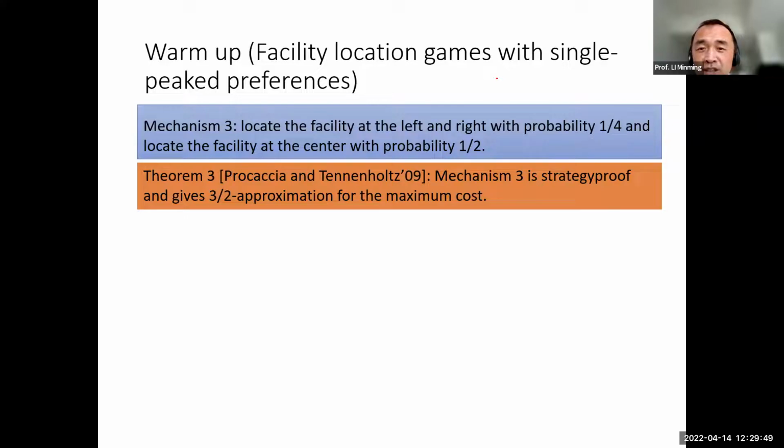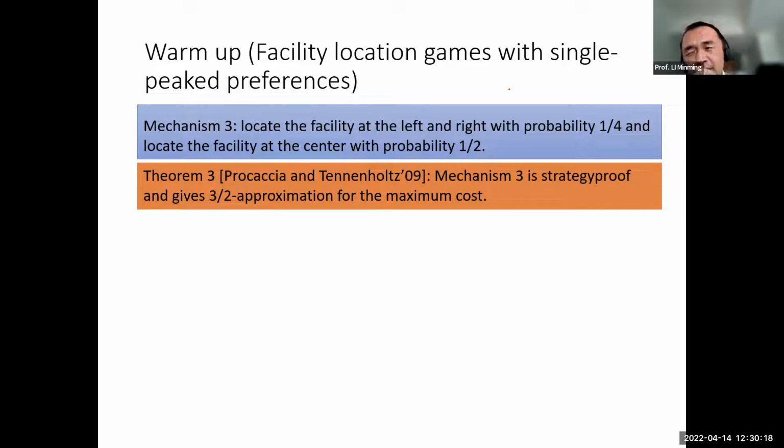What they design is that with quarter probability you choose the leftmost point, with quarter probability the rightmost point, and with half probability the middle point. They prove this mechanism is a 3/2-approximation, which is 1.5, for the maximum cost. And you see that this is better than 2.